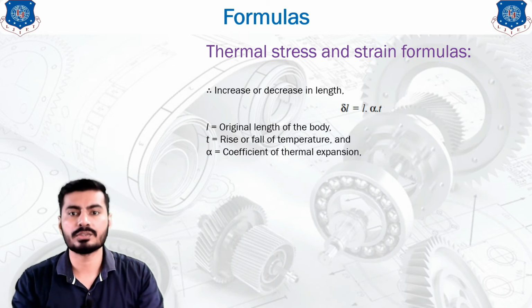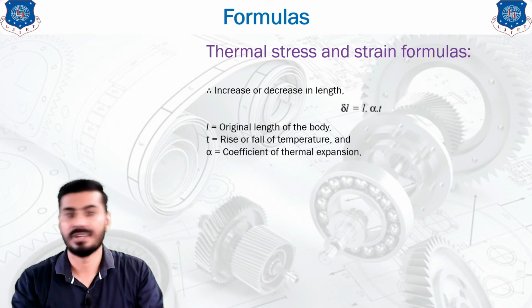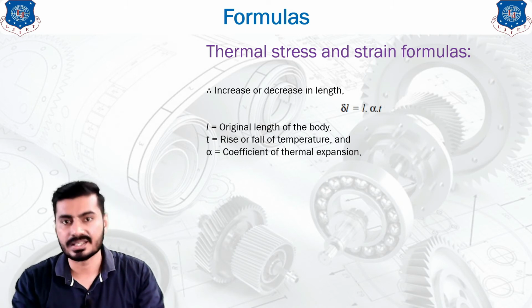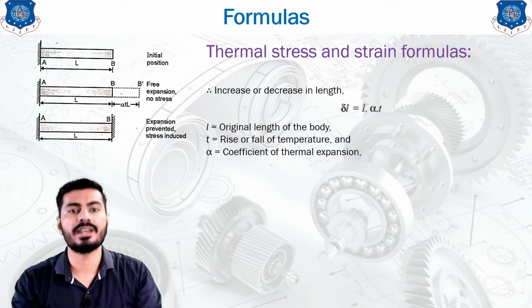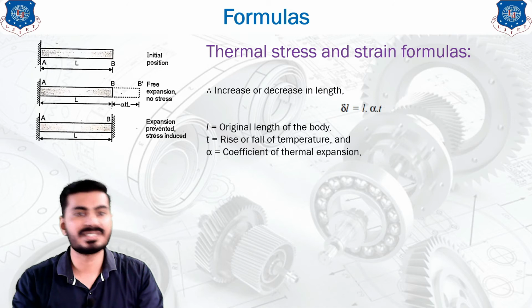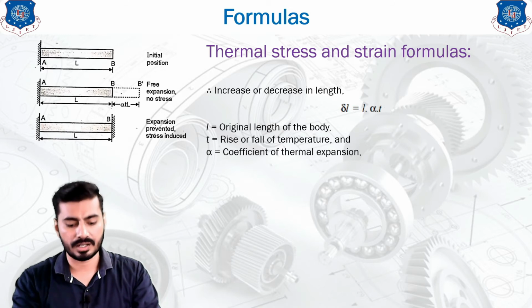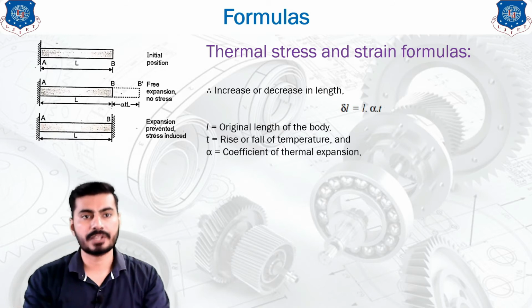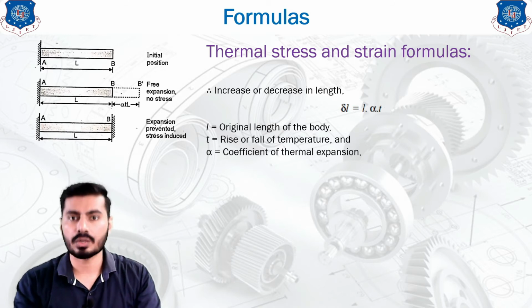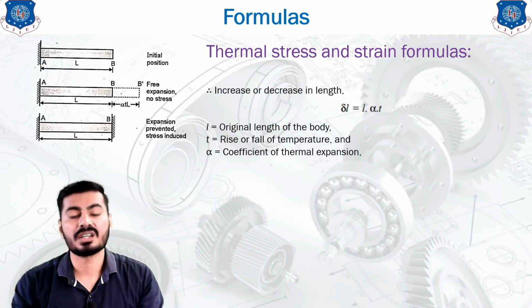So now as you can see, we have found the value of the change in length, whether it is an increase or a decrease in length. If you want to find out this kind of situation as an example, you can see in this diagram that we have taken the same example of the previous slide: a member which is fixed on one end and free on the other end, and this member is subjected to an increase in temperature.